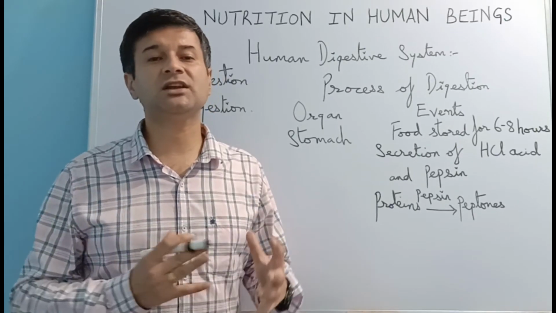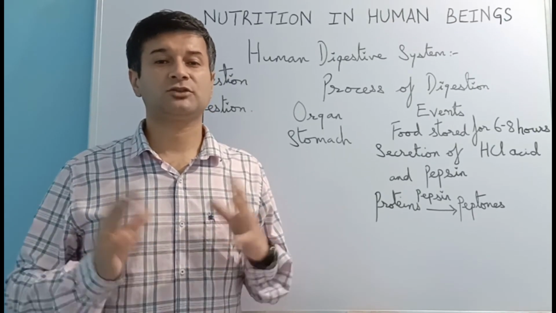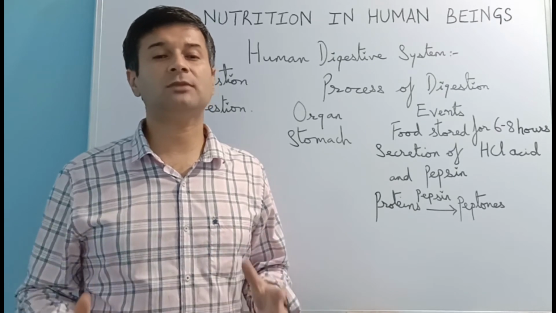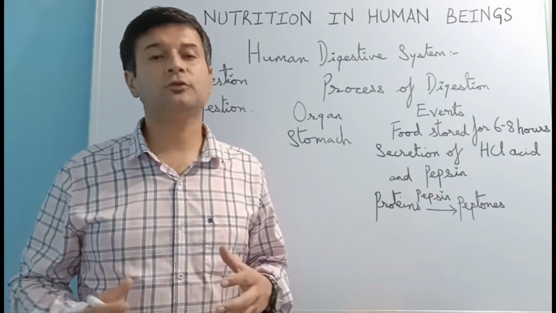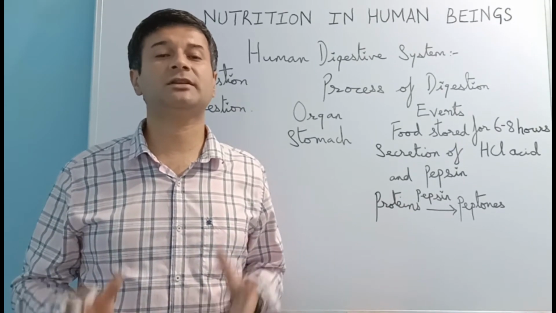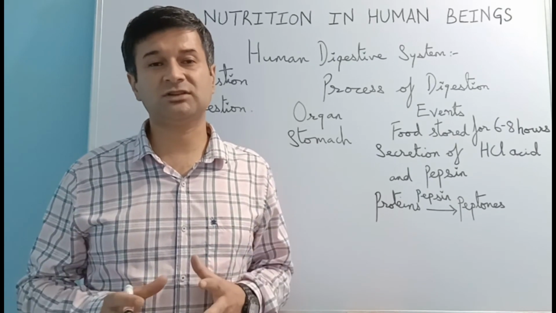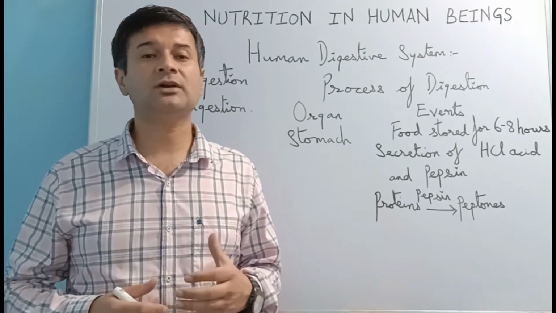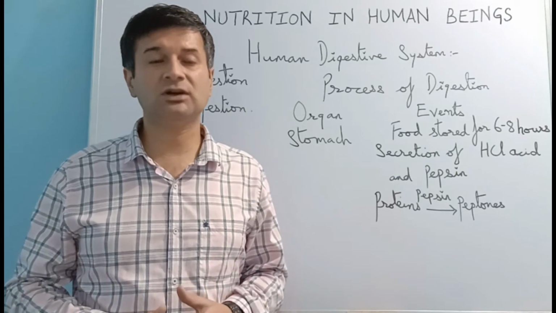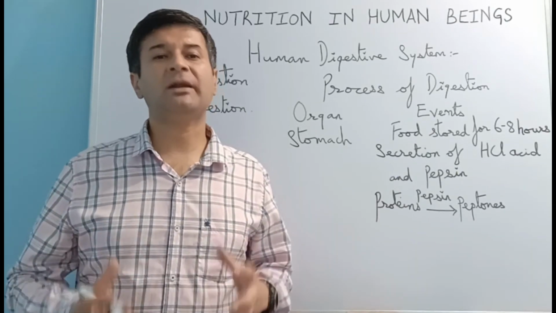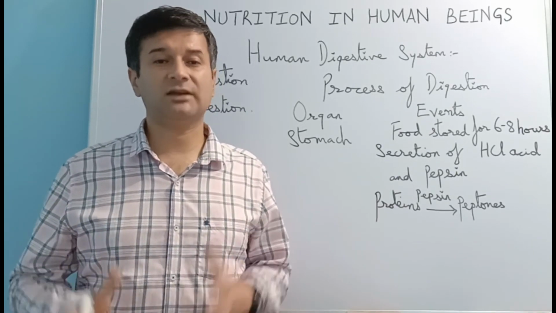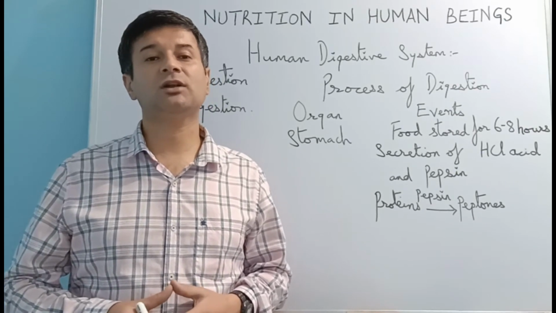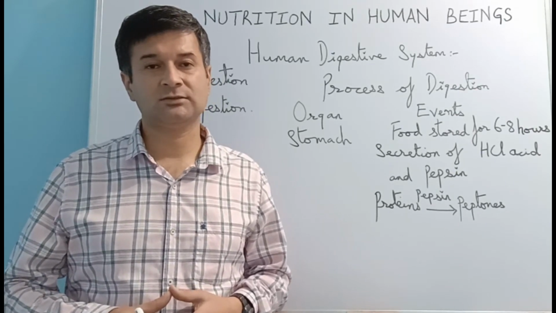After proper churning, the food is slowly passed into the duodenum of the small intestine. The food from the stomach is regulated by the pyloric sphincter muscle, which releases the food in small amounts into the small intestine. Depending on the food the animals eat, the length of the small intestine also differs.